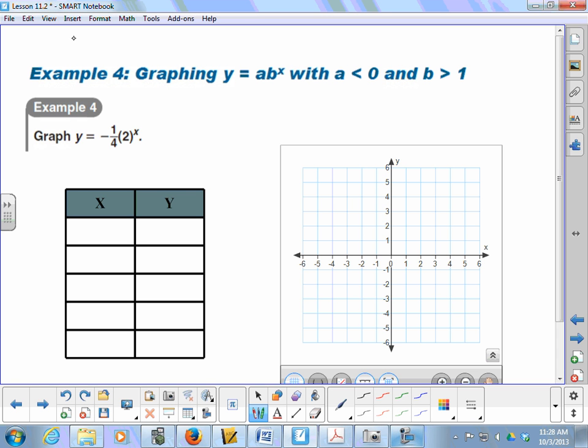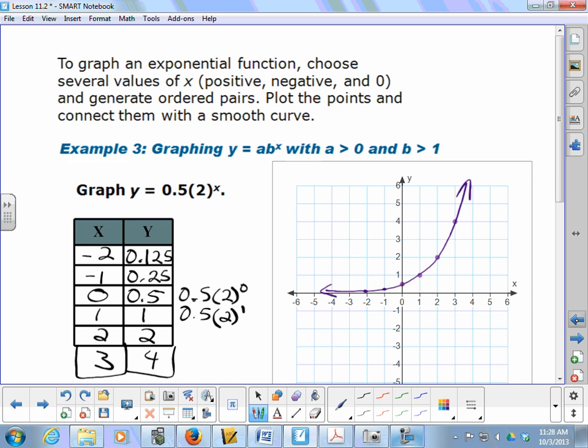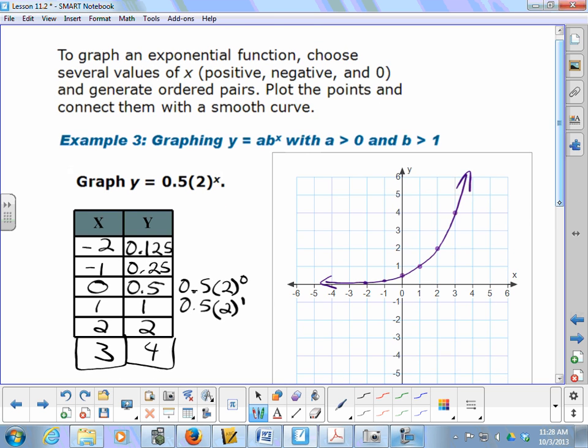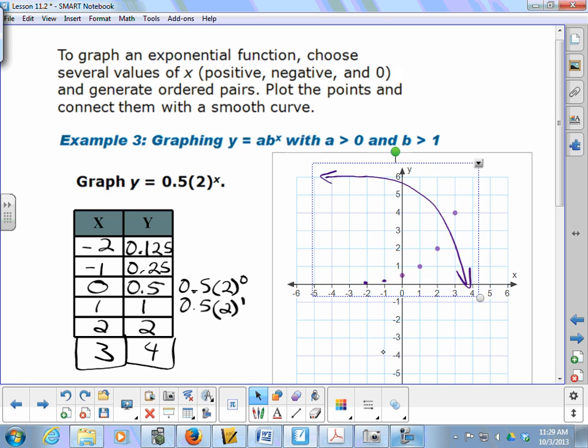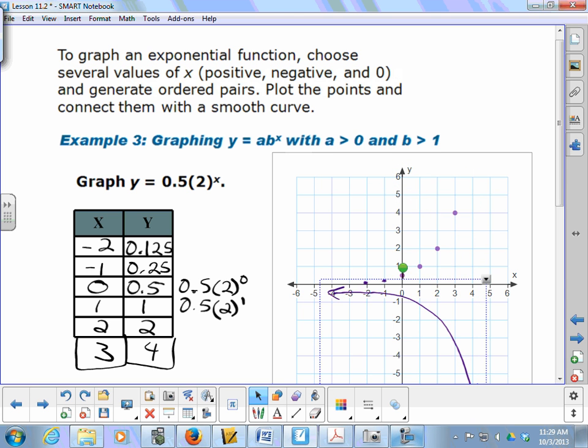So here's what's going to happen now, all right? Because a is now negative, it's less than 0. All of these graphs we did here, if I was to make this 0.5 negative, what would happen is that this graph would then look like this.